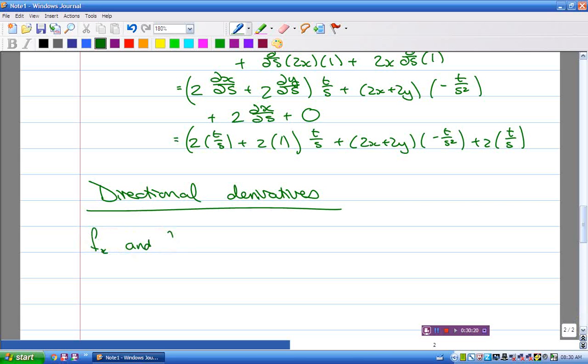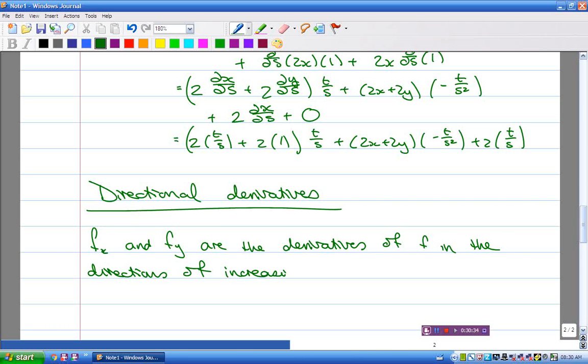Fx and Fy are the derivatives of f in the directions of increasing x and y respectively.